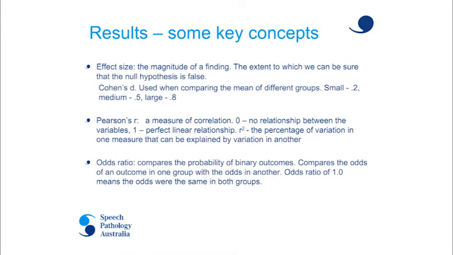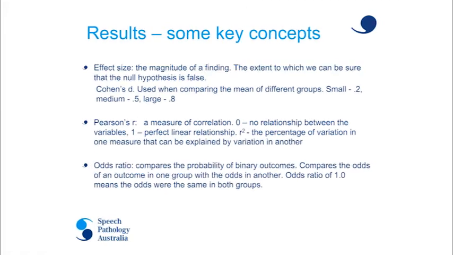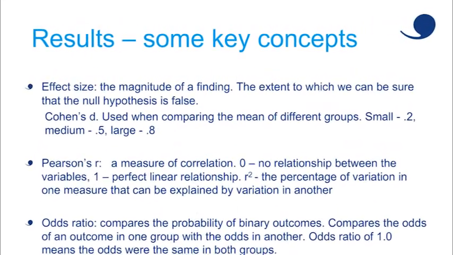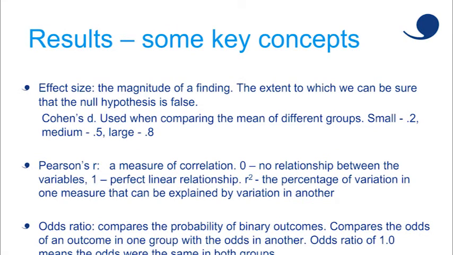Interpreting the results section tends to be challenging for many of us. Here are some brief suggestions that will help you with some of the results that you'll find in research papers these days. Effect size is now fairly routinely reported in quantitative studies, and this reflects the magnitude of a finding, so the extent to which we can be sure that the null hypothesis is false.